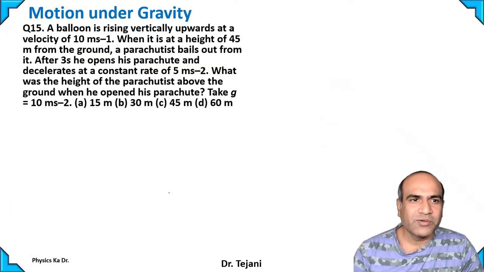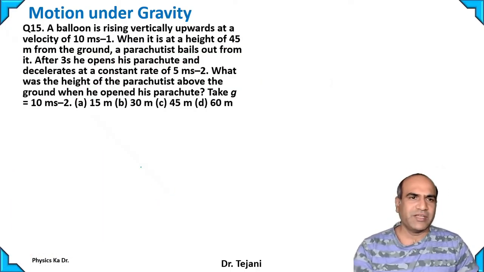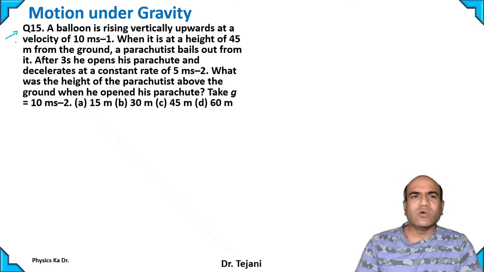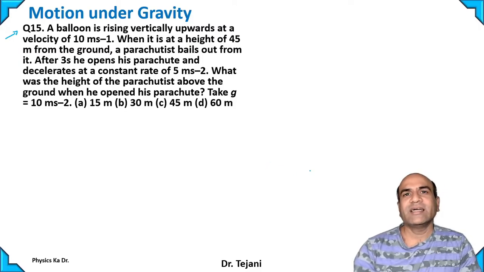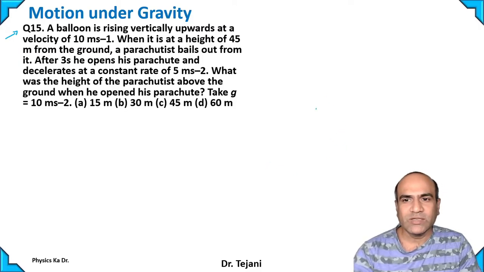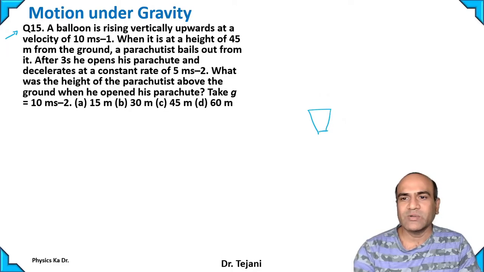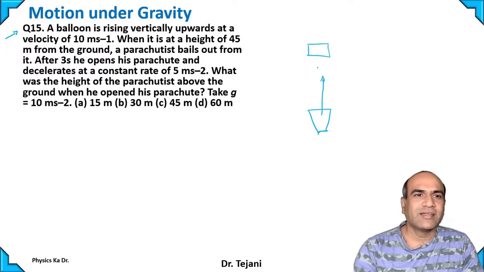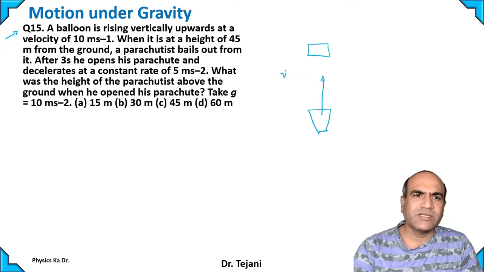Let's have question number 15. What is asked? A balloon is rising vertically upwards. Again another question on the balloon. Why don't you solve it by yourself? A balloon is vertically moving upward at a constant velocity of 10 meter per second.